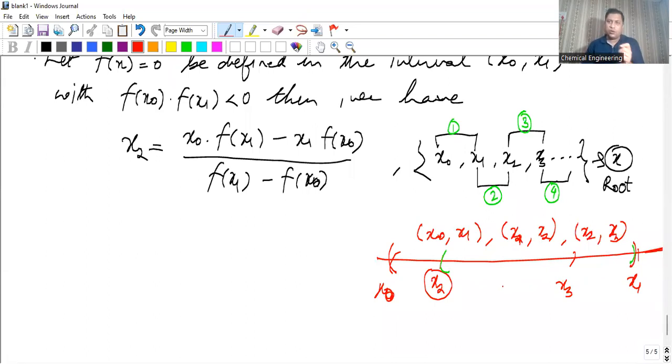And when you have nested intervals, by Cantor's theorem their intersection will approach one point, and that one point is going to be our root. So you got the idea about the secant method.